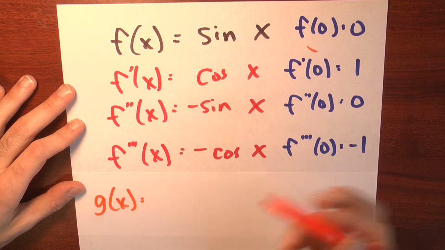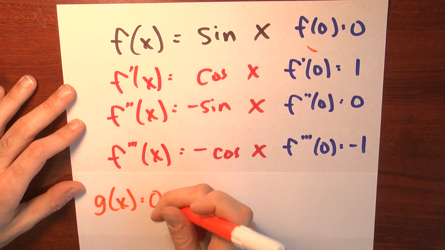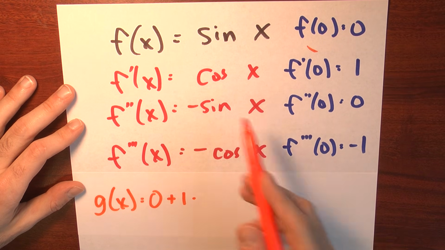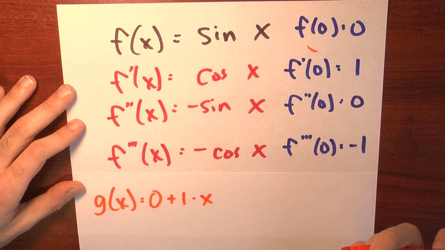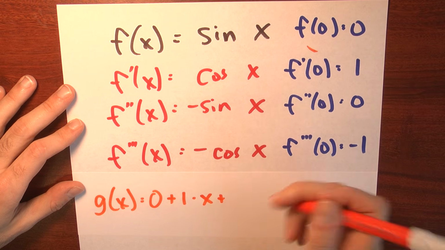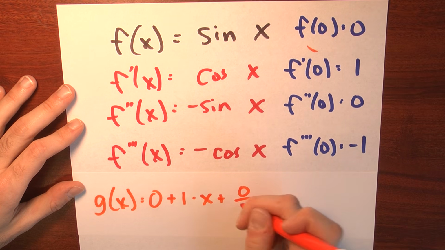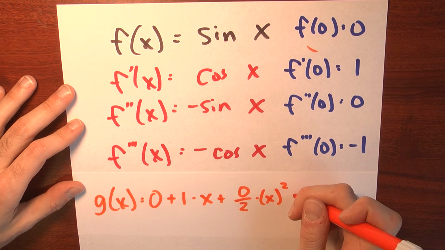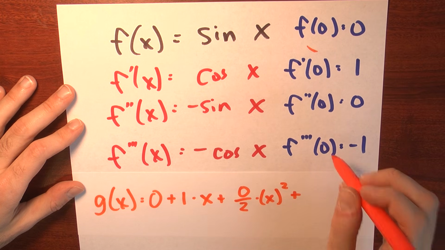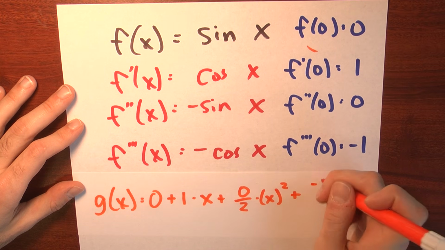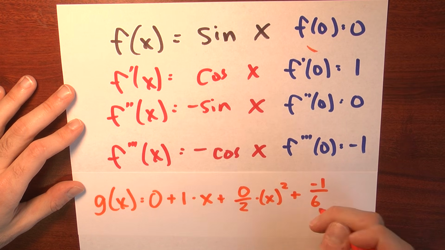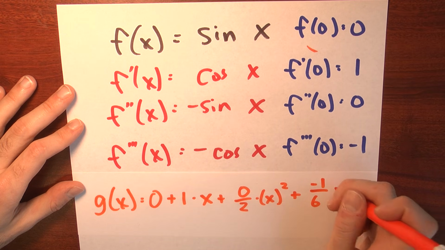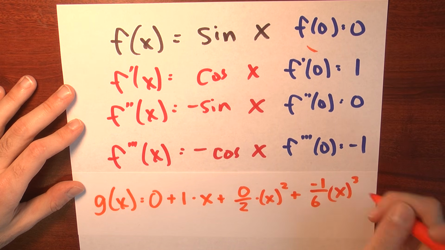Well, it's the function's value at 0, which is 0, plus the derivative at 0, which is 1, times x minus a, which is just x, plus the second derivative at 0, which is 0, divided by 2, times x minus a squared, plus the third derivative of the function at 0, which is negative 1, divided by 6, times x minus a cubed. And the a is 0 in this case, so just x cubed.